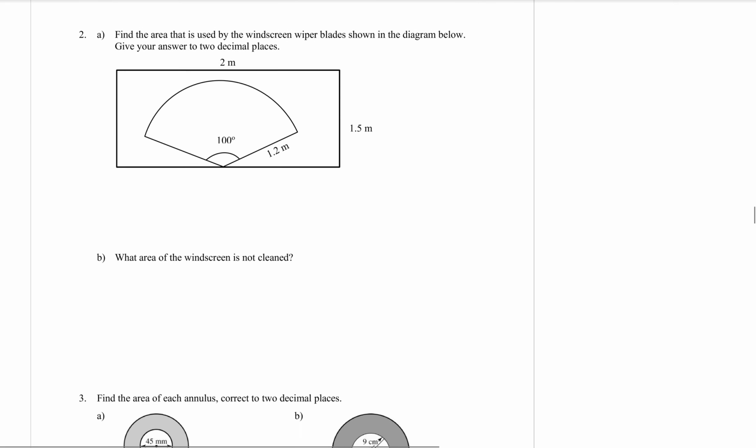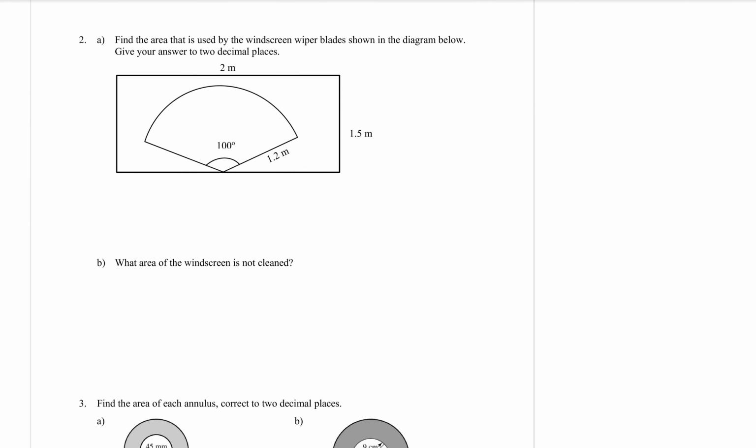Question 2. Find the area that is used by the windscreen wiper blades shown in the diagram below. Give your answer correct to 2 decimal places. Okay, so we're wanting to find the area of the sector. So the formula is theta over 360 times by pi r squared.